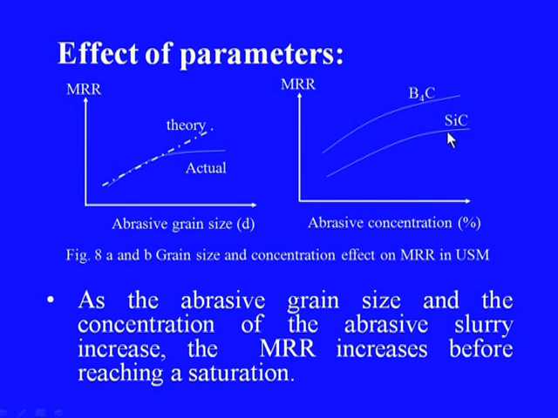As we can see from here, it shows some sort of saturation tendency. This is because as the concentration increases, rather than the abrasives hitting the work surface, they themselves hit each other and cause fracture on them.